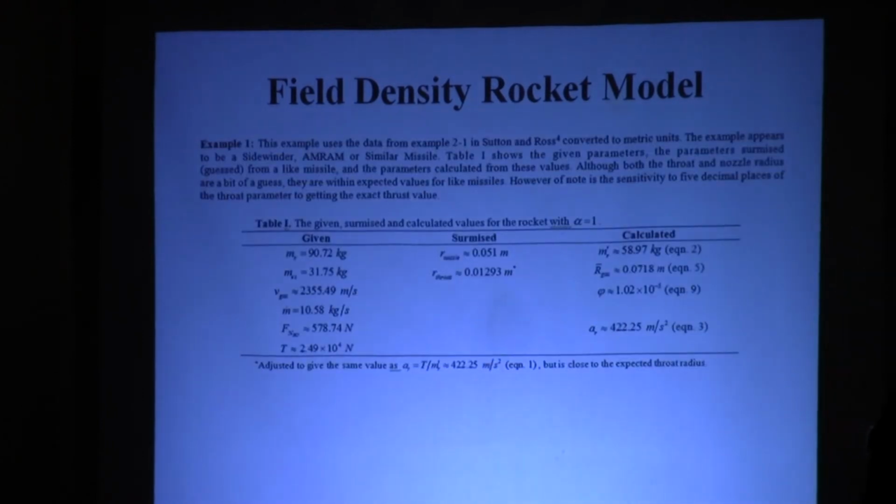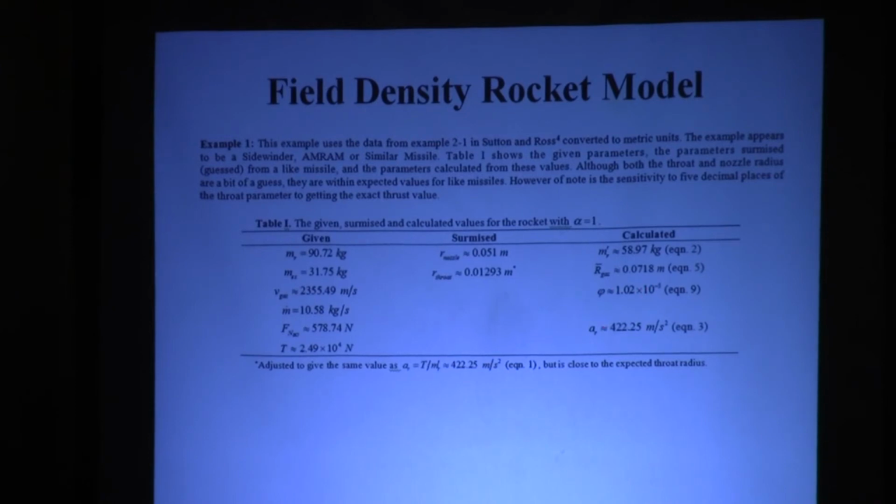So I went to Sutton and Ross, which is a Bible for rocket people, took out their solid rocket motor example. They give you all this mess here. I had to surmise the rocket nozzle and throat diameter, but I actually used to work on a very similar missile, so these are pretty good numbers. Then I calculated the burnout mass from what they gave you, the radial factor of the gas based on the formula I had, and the phase factor, which I gave you the equation for earlier.